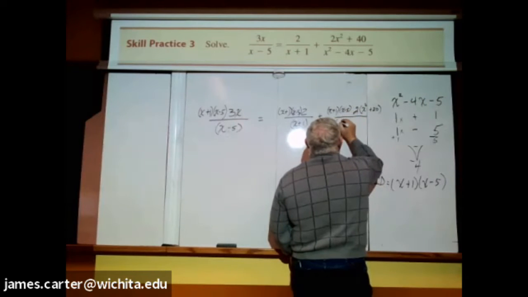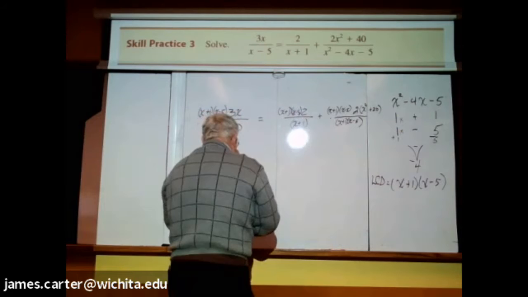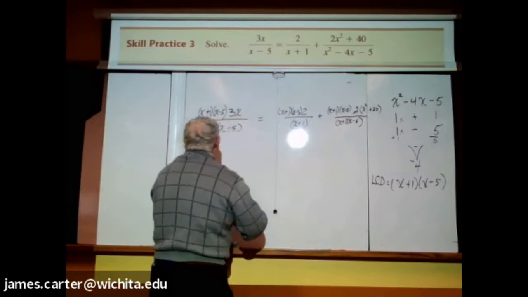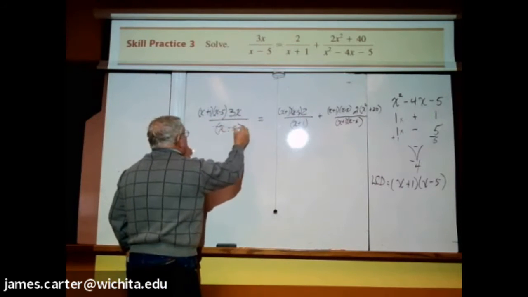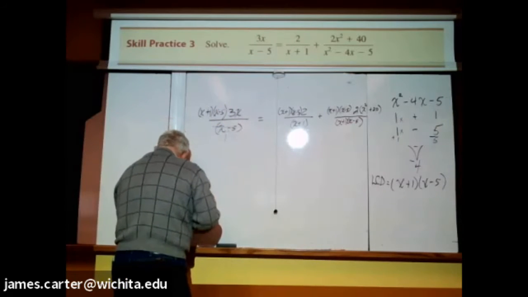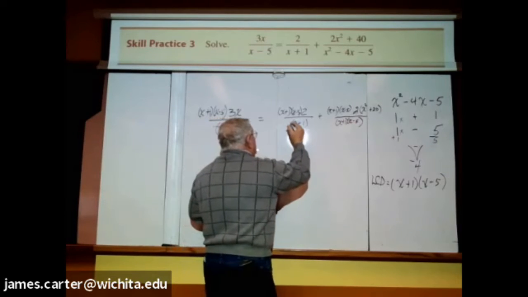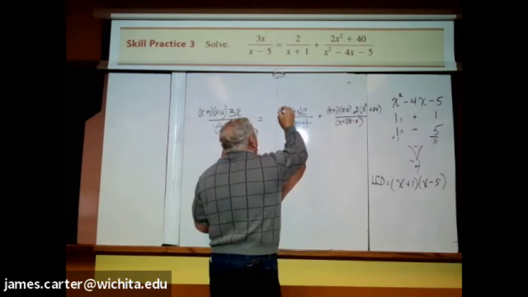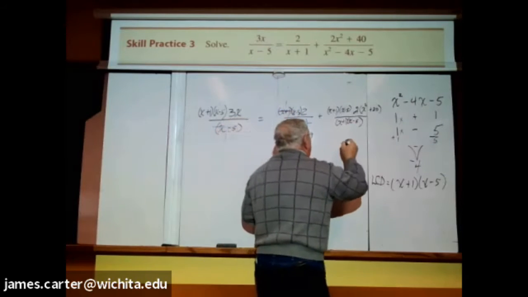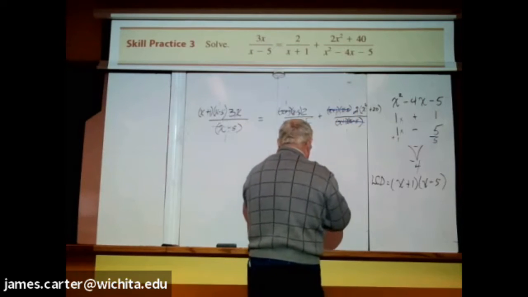And it's over x plus 1, x minus 5. Now we've got some canceling we can do. This goes into this once, into here once, and this pen isn't working very well. The x plus 1 cancels out this x plus 1. The pair of these cancel out the pair of those.